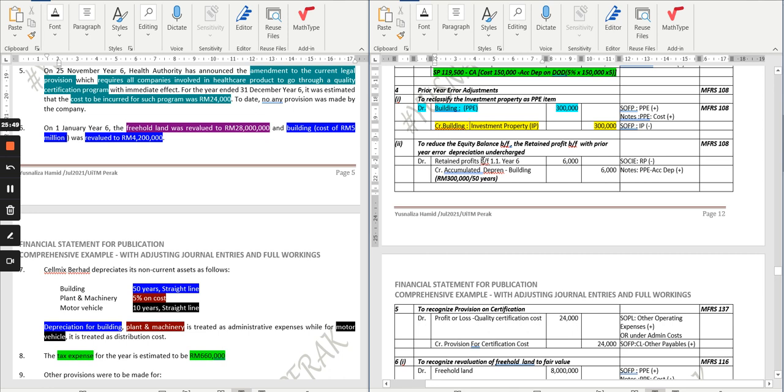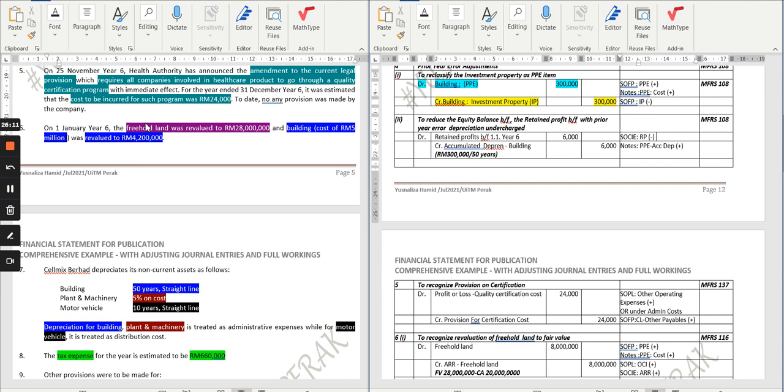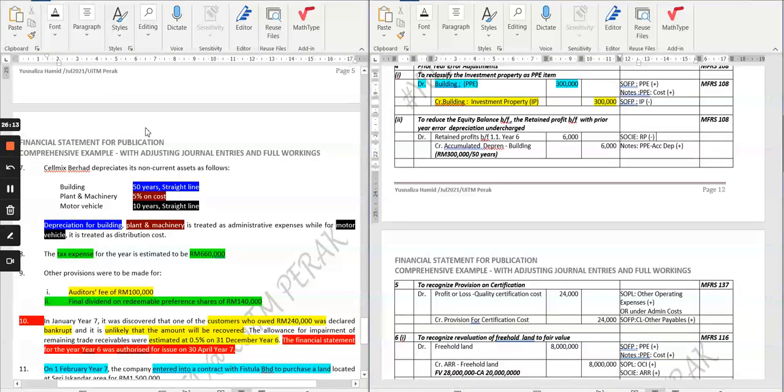And you need to go and adjust this in the statement of changes in equity by reducing the retained profit balance brought forward so that the retained profit balance brought forward is restated. And then you will credit the accumulated depreciation that will appear in your notes to the PPE, specifically under the accumulated depreciation section of the building. So that will be done later when we go to our notes on PPE.